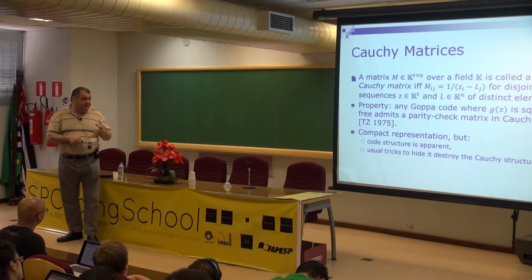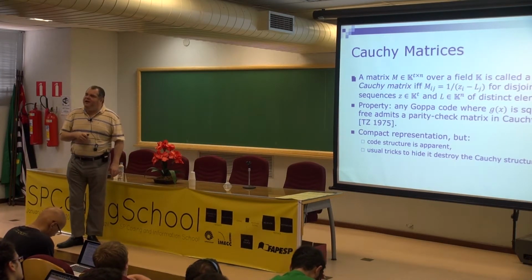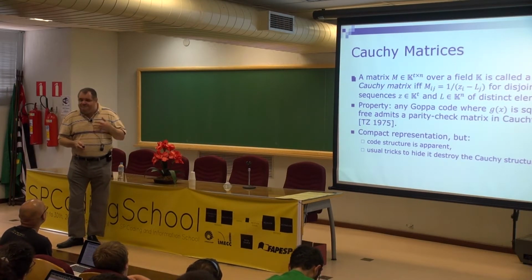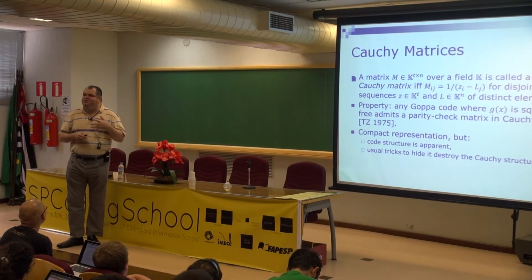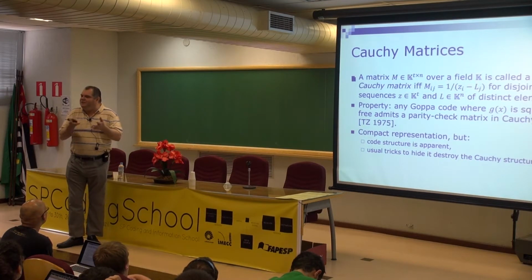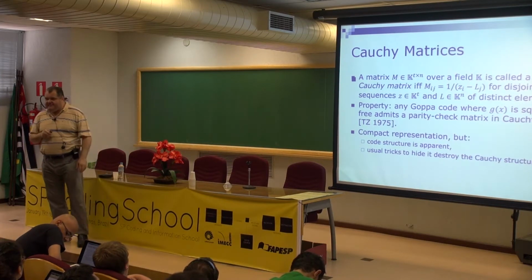That has to be addressed. Fortunately, we have ways to hide that structure. But on the other hand, the usual trick, which is to pick that matrix and find its systematic form, will destroy the Cauchy structure of that matrix.